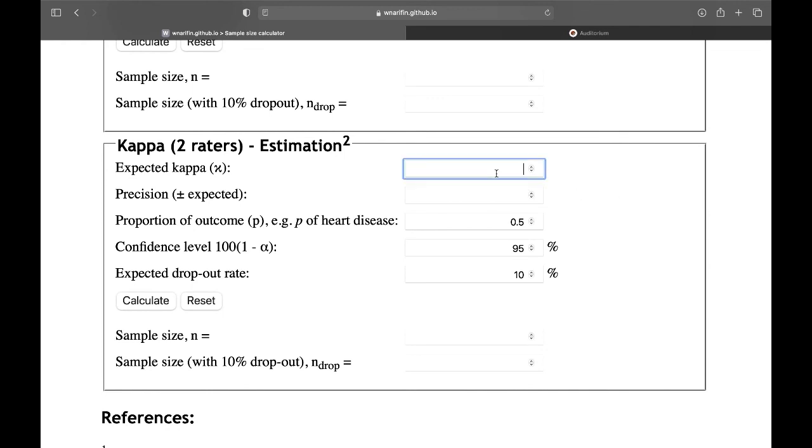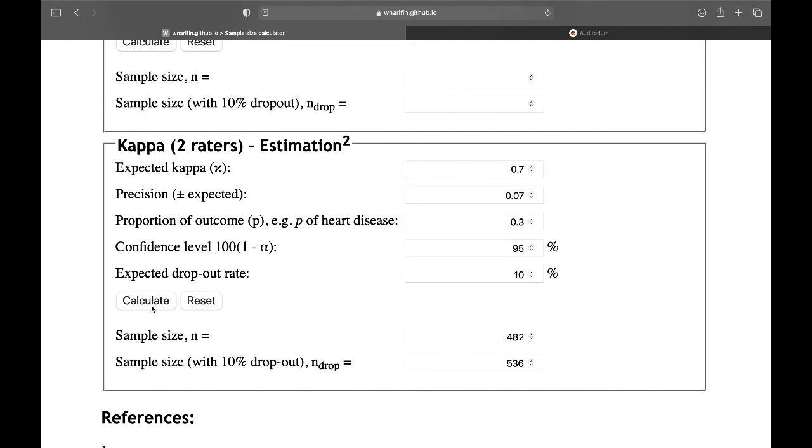So our expected kappa is say 0.7, that is 70% agreement. And how much is the precision? Let us say 0.07, that is 10% of 0.7. And again you have to mention prevalence here. And let us say prevalence is 0.3. Then we will just calculate how much is the sample size required.